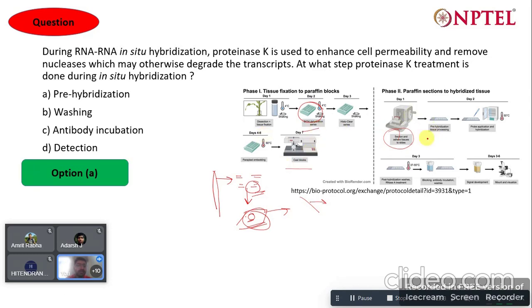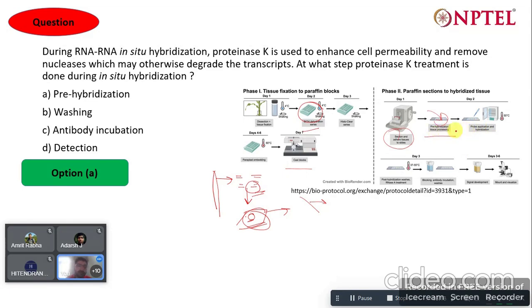After that we section these tissues that are embedded in the paraffin, and then do a pre-hybridization tissue processing. In this we usually add proteinase K and other things that help in the permeabilization of the cells, as well as degradation of various nucleases and proteases, so that they do not degrade the analyte of the cell. Detergents are also used to permeabilize the cells.